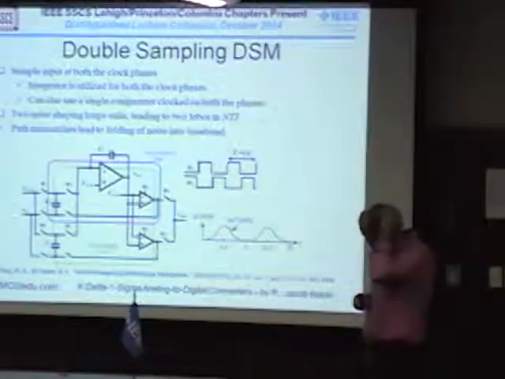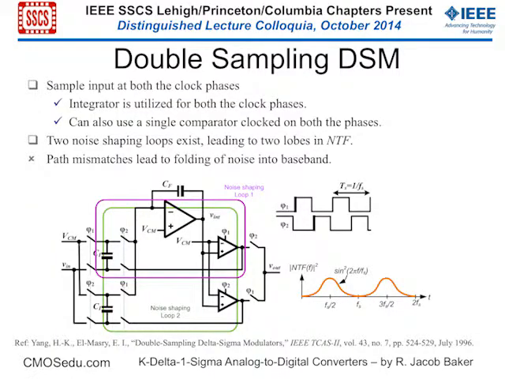Okay, so the first thing I decided to look at is, what if I just use simple double sampling where I use one integrator and then I've got 2 input paths, where in one phase I'm sampling the input signal here, phi 1, and in the other phase I sample phi 2, so that I basically have me and my clone looking in, half the time I'm looking at it, another half time my clone's looking at it, and you ask, okay, well, what happens with that topology, with the way these phases are set up?